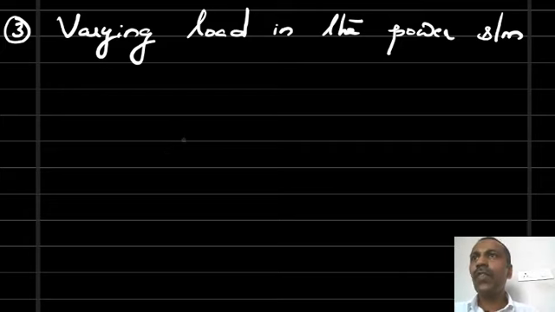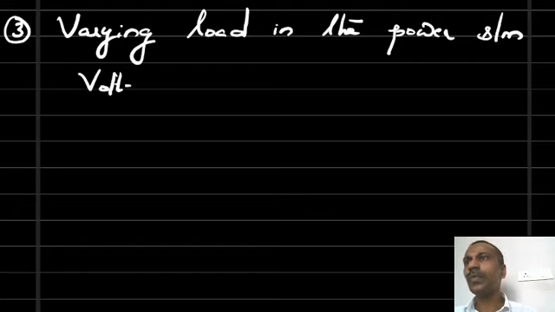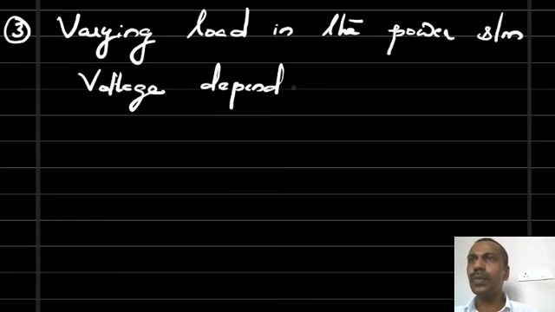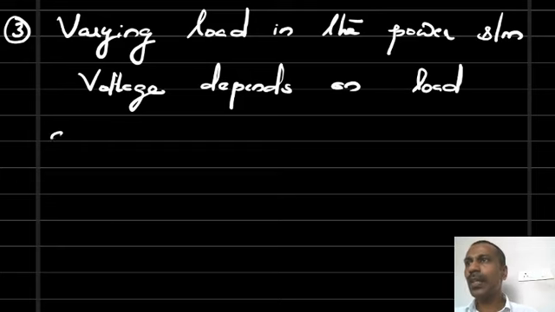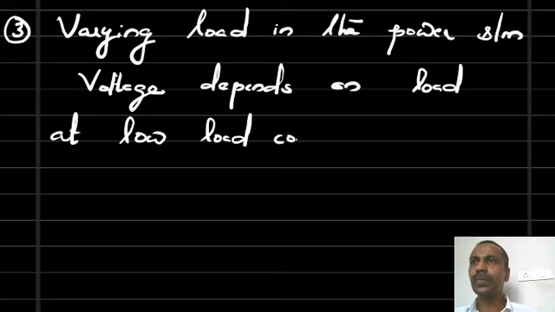And the third cause for the lagging power factor is the varying load in the power system. As you know, when the load changes, the voltage changes. So the voltage depends on load. At light load condition or at low load condition, the voltage is high.